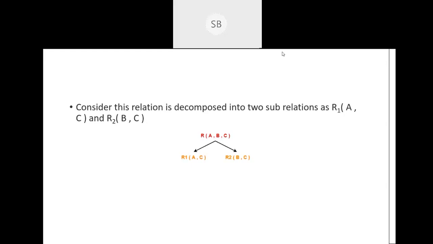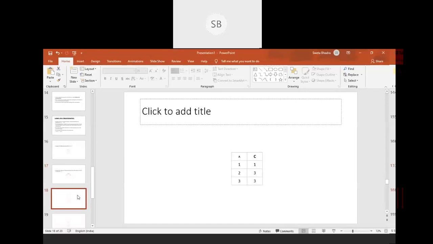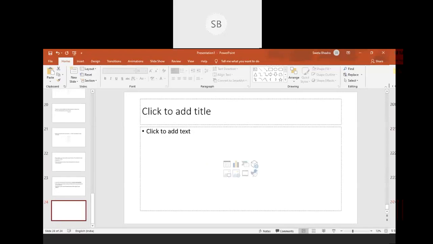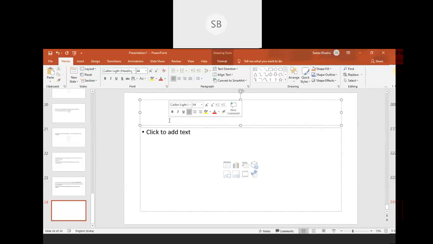I have 3 conditions to show you. Always remember one thing, I need to write the procedure for how you know lossless decomposition.